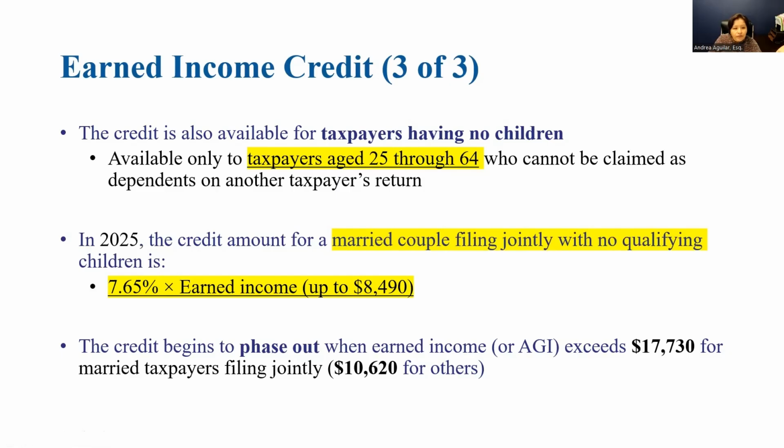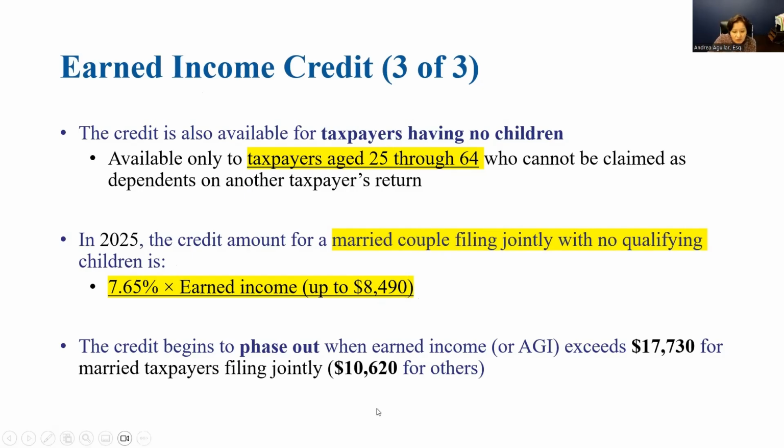Okay? In 2025, the tax credit amount for a married couple filing jointly with no qualifying children is 7.65% times the earned income, up to $8,490. We have seen that in the table, so I'm not going to repeat it.